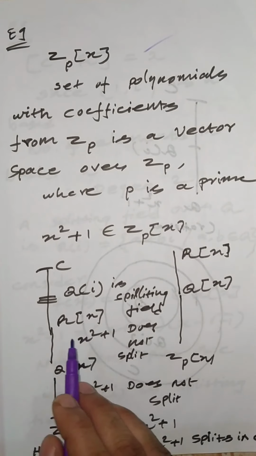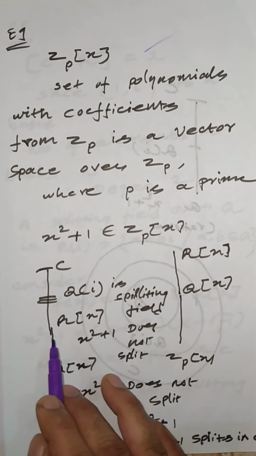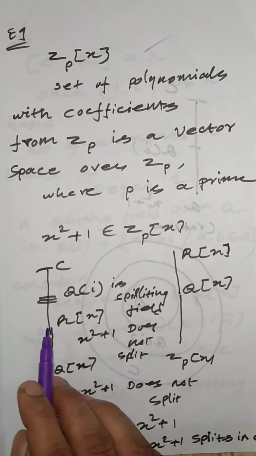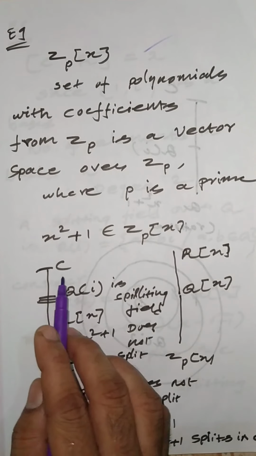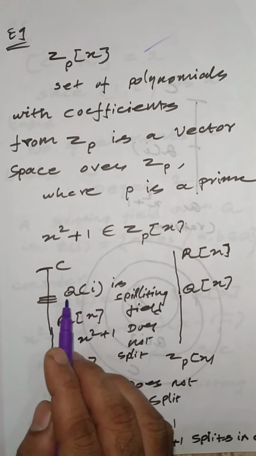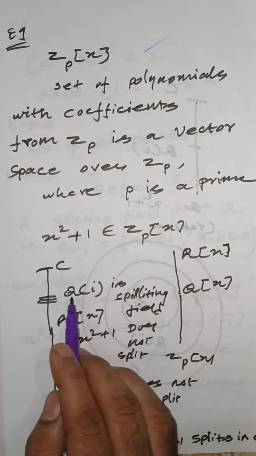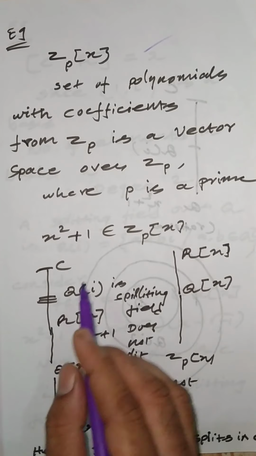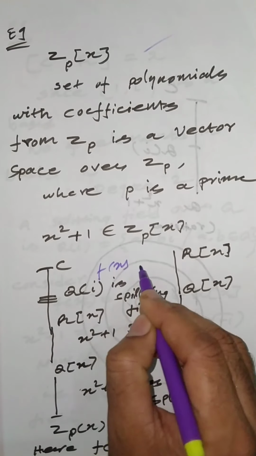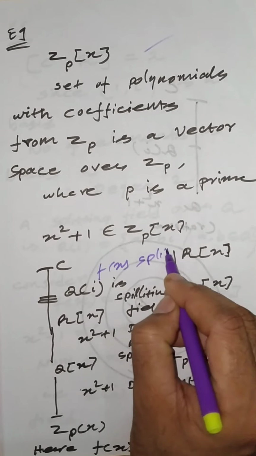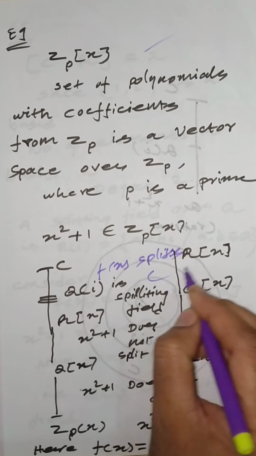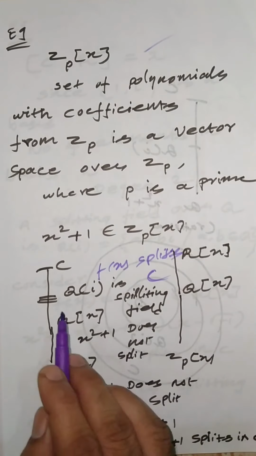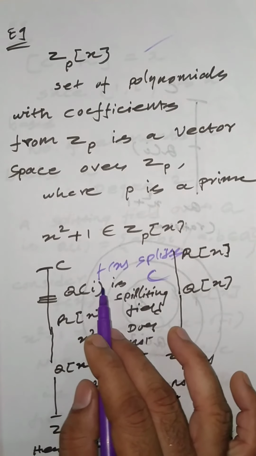Next again, I take the reals. Here also it does not split. What about the next extension, that is the complex field? Before the complex field, you get i, that is Q(i). It is a splitting field.